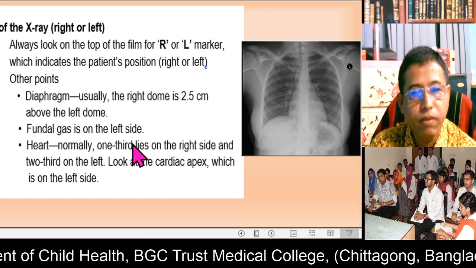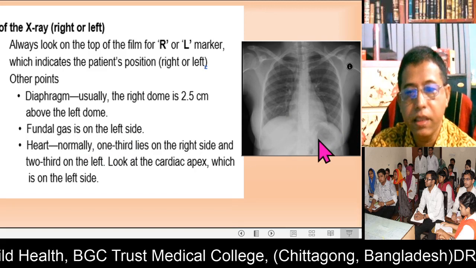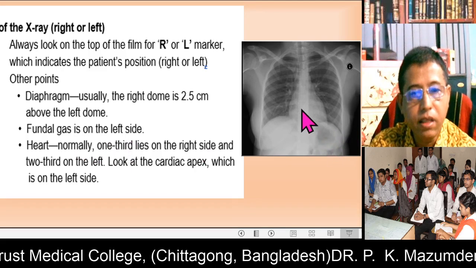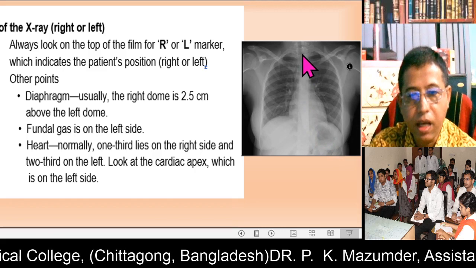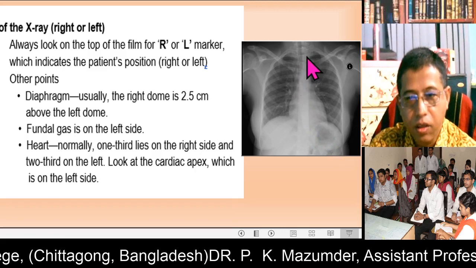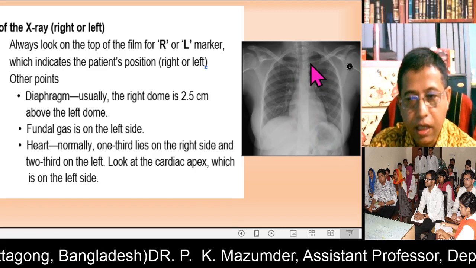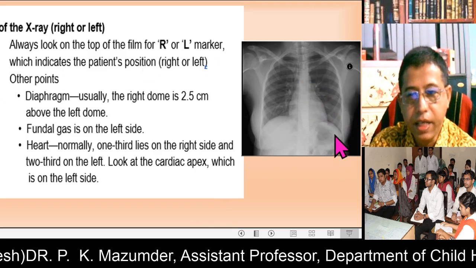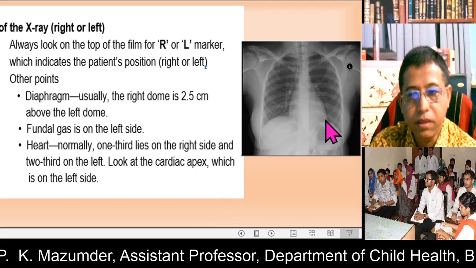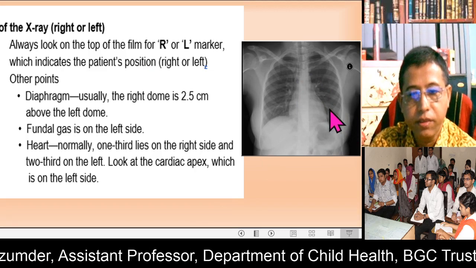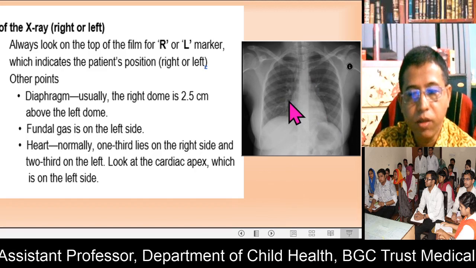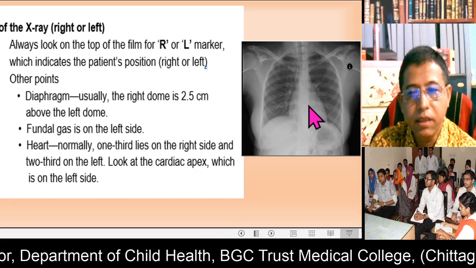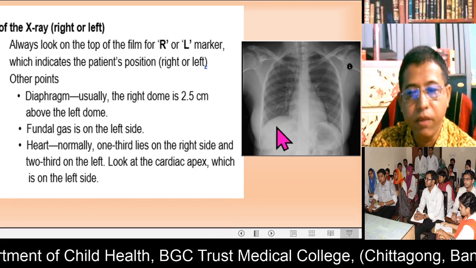The fundal gas bubble is on the left side. And the heart normally is one third on the right side and two thirds on the left side, and the cardiac apex is on the left side. So in this way you can determine the right or left side of the chest if radiological marks are not given.